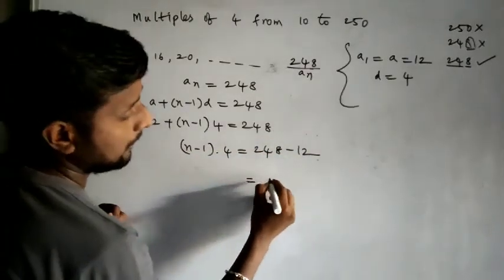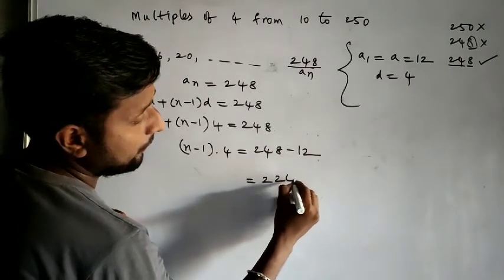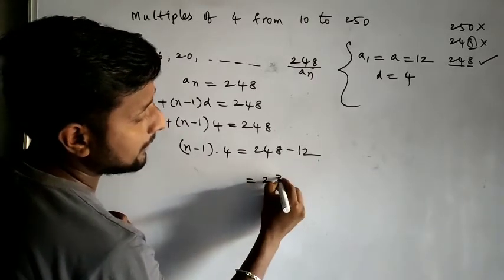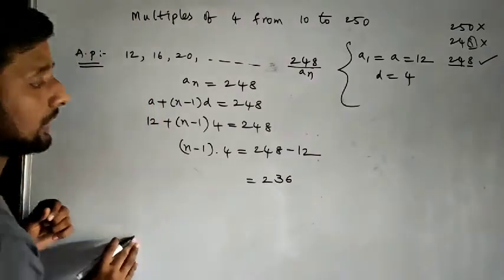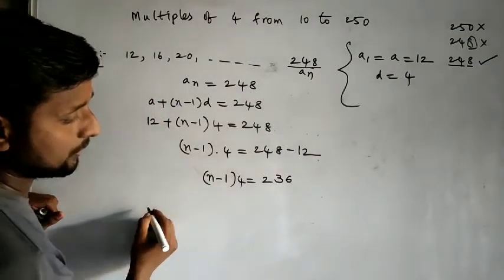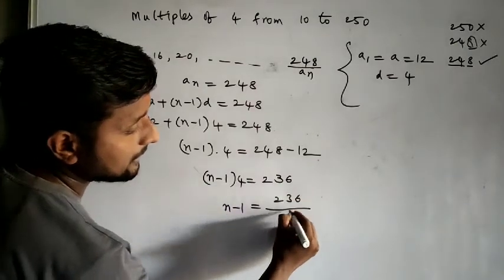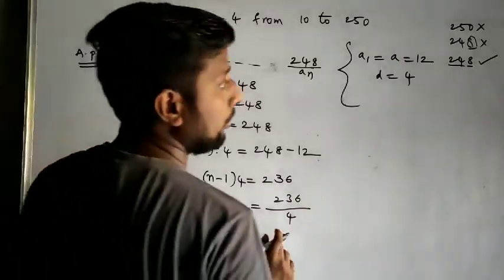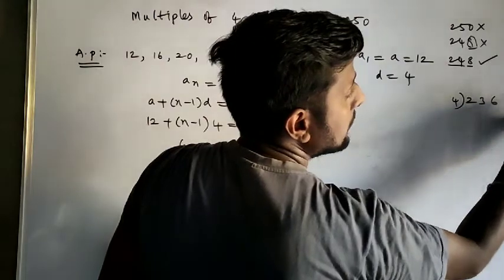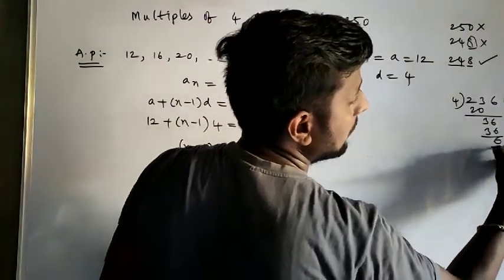here I can write 236, yes, 236, that is n minus 1 into 4 is equal to 236. So n minus 1 equals 236 by 4. 4 5s are 20, 4 9s are 36, yes.